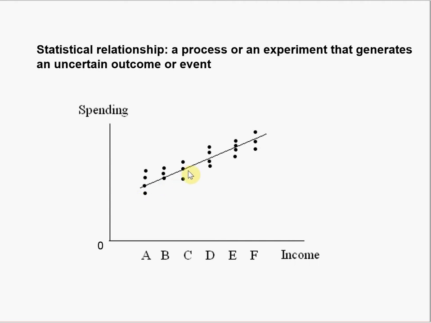And this kind of relationship obviously involves this uncertain response of one variable to the other variable. And this kind of relationship is called statistical relationship. This forms a clear contrast with deterministic relationship.